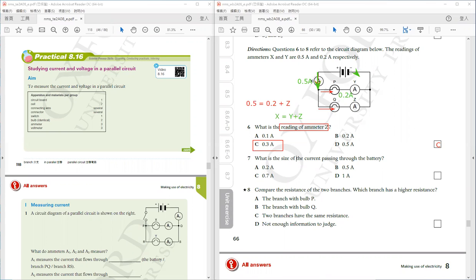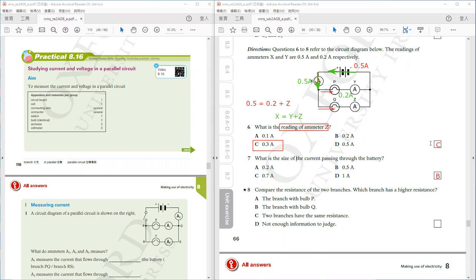It should be the same as the current passing through the battery, also 0.5. I hope you would draw these notes on your workbook. Okay, so this answer should be B.